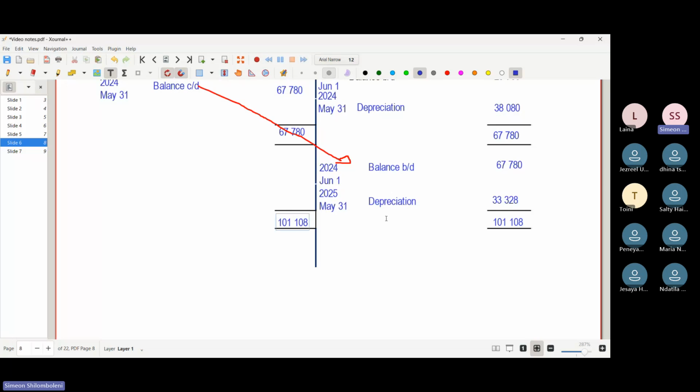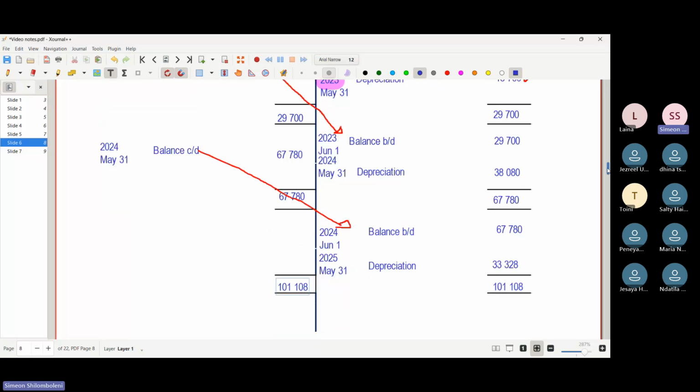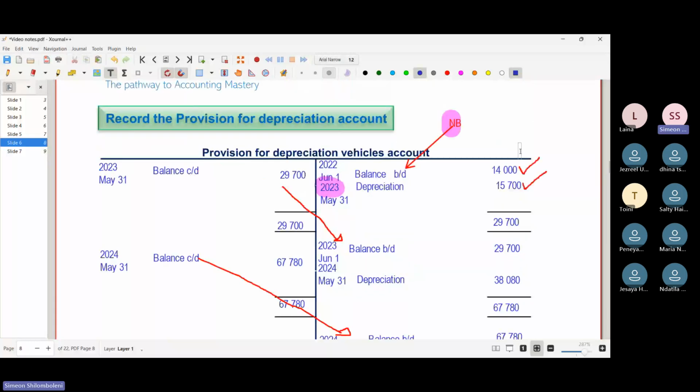Now, the last part that I need to explain is when you sell a vehicle, the depreciation for that vehicle needs to go out. Remember, every time you sell a vehicle, it increases on the credit side.